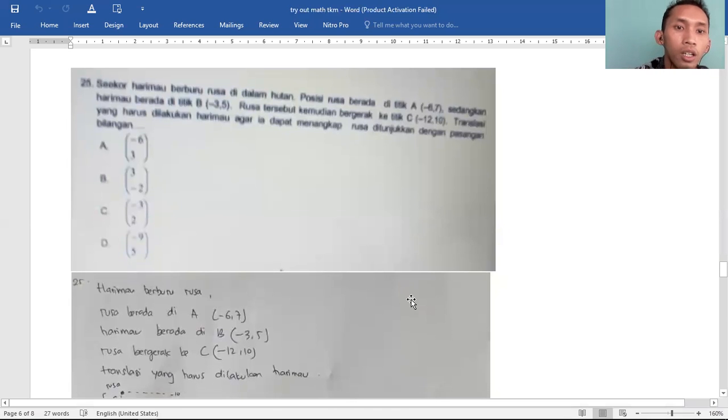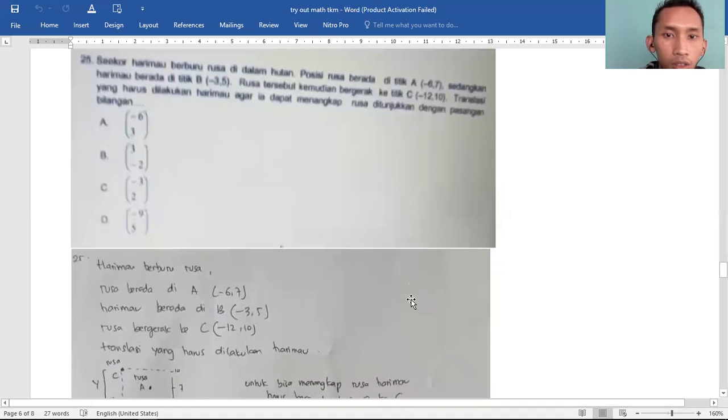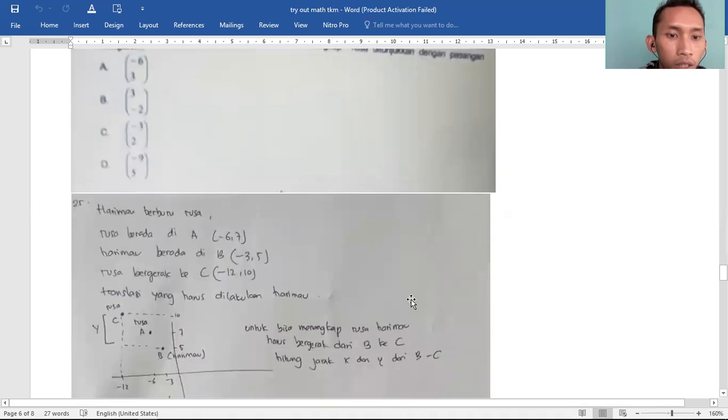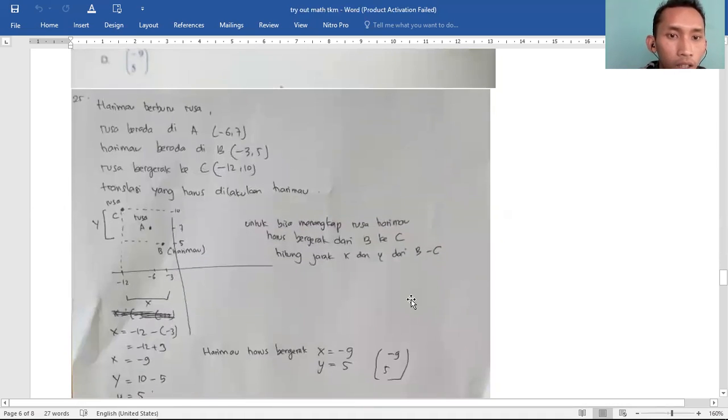So here, harimau berburu rusa di hutan. Rusa berada pada titik A. Harimau berada di titik B dan rusa bergerak ke titik C. Translasi yang harus dilakukan. Movement that you are supposed to do. Ya kan? Harimaunya kan harus bisa nangkep rusa.